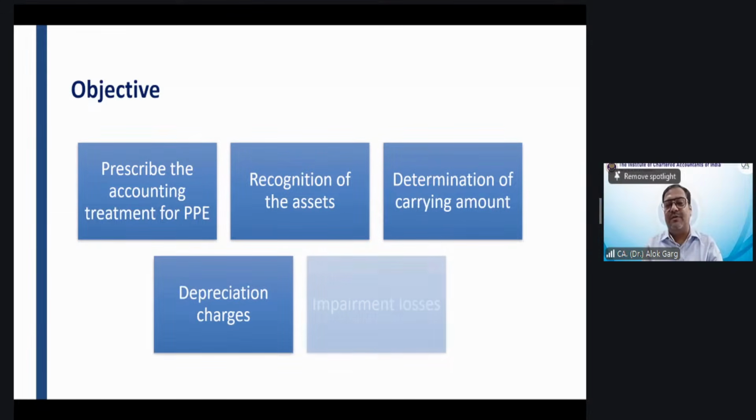This standard talks about depreciation. This standard also touches the boundaries of impairment losses. This is the objective, the theoretical part, not to learn, just to understand. Okay, Sai Kiran, you are also right.